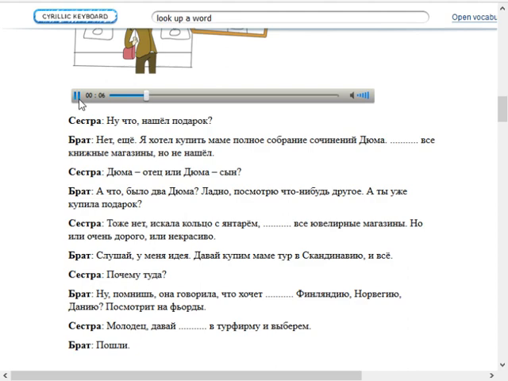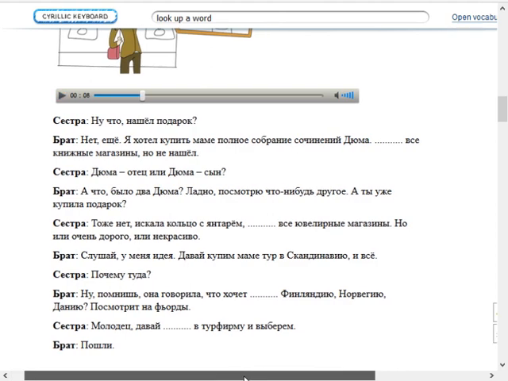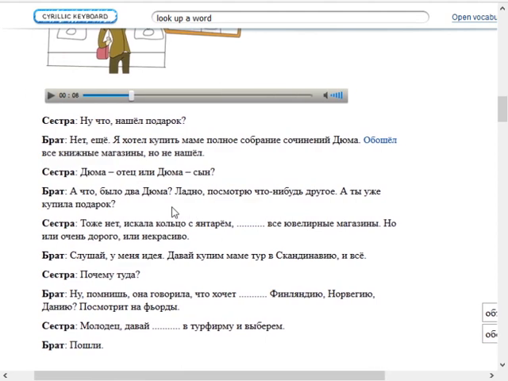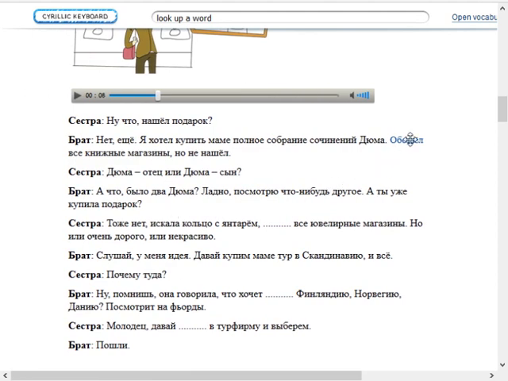Обошел все книжные магазины, но не нашел. So the word that he puts in there is обошел. Here we see the use of the prefix об, which means basically in this context, he went around. So he went and looked around in every книжные магазины, in every bookstore.